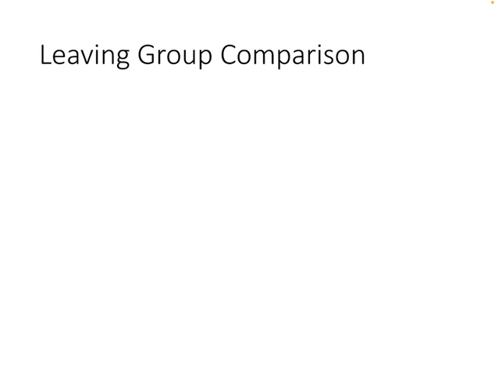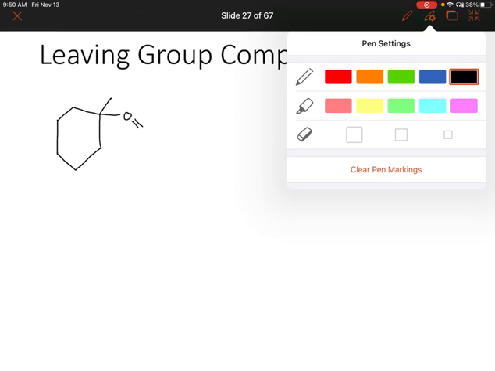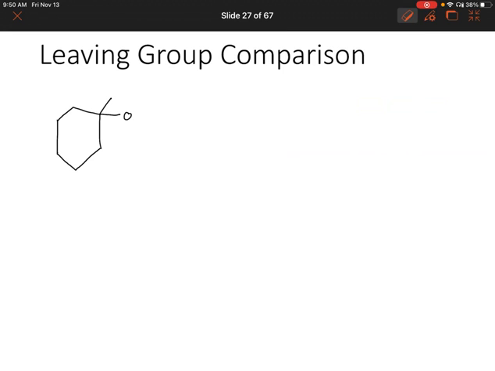Let's look at another example. Let's say we have the following molecules. One has an ester group, and one has an ether group.